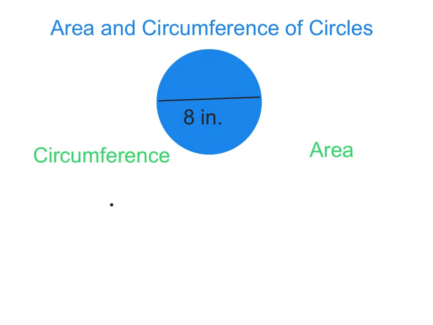Next, you need to be able to find circumference and area of a circle. Make sure that you select the proper formula for each one. The formula for circumference of a circle, as you can see on your NISA reference sheet, is circumference is equal to pi times diameter. Looking at this circle, you know that the distance all the way across is 8 inches.